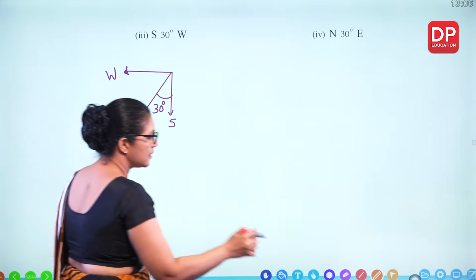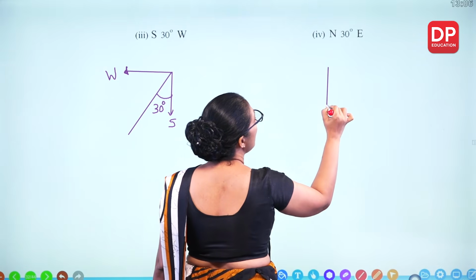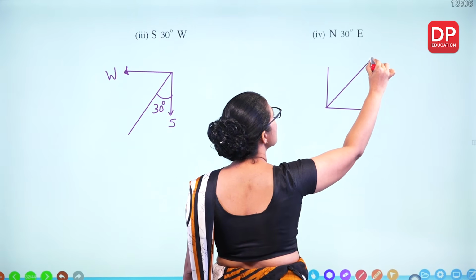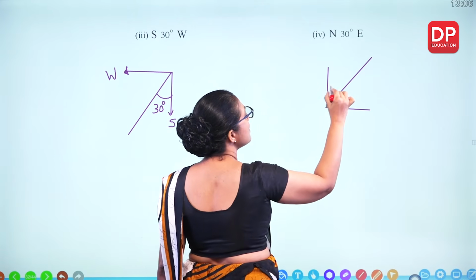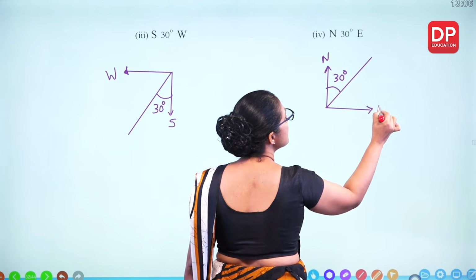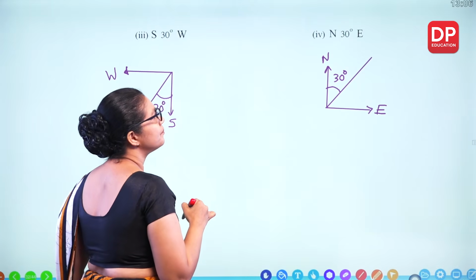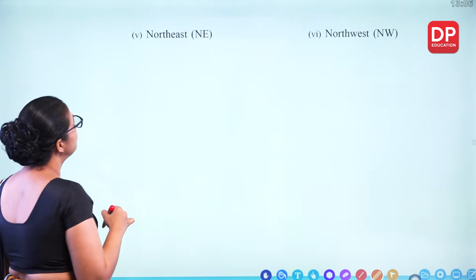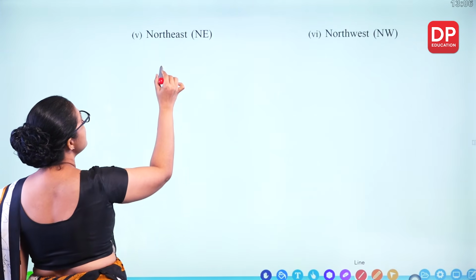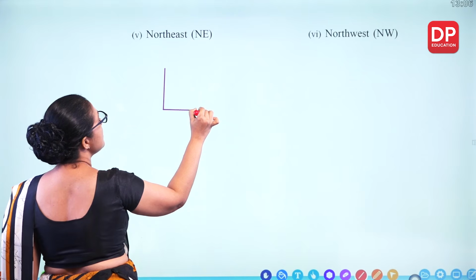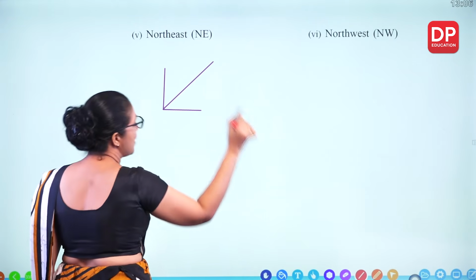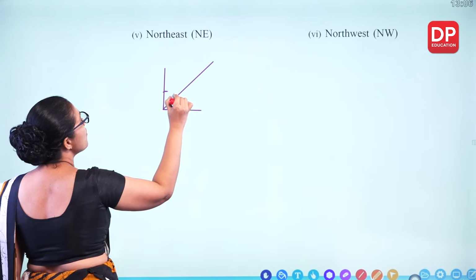North and east. What's the angle from north? 30 degrees. Something like this. This angle is 30 degrees, and this is north and this is east. Northeast. What does northeast mean? North and east, in between. So I'll draw north and east with the line exactly in the middle. That means 45 degrees from north.